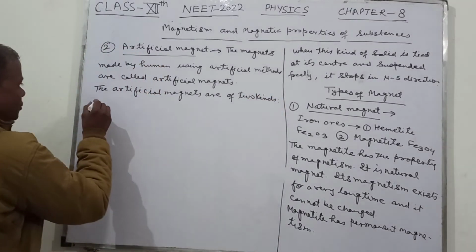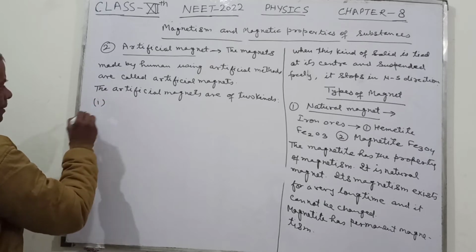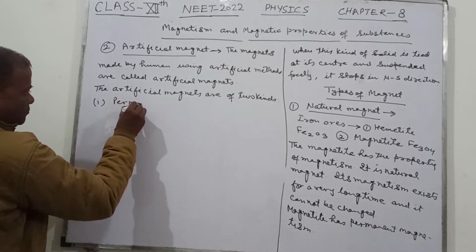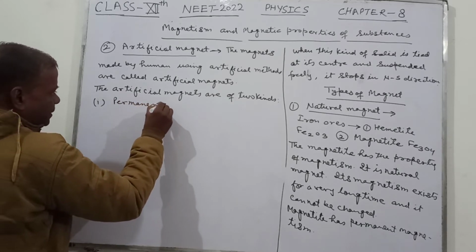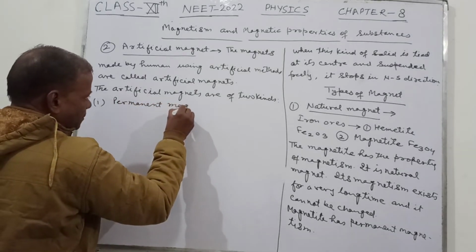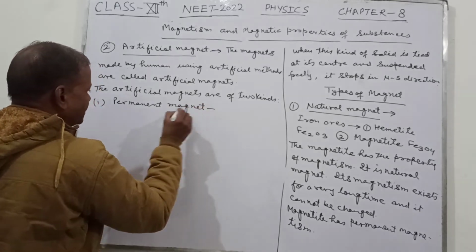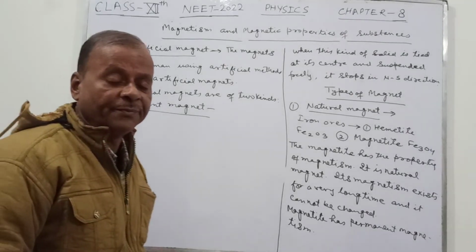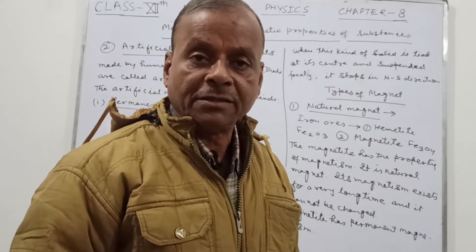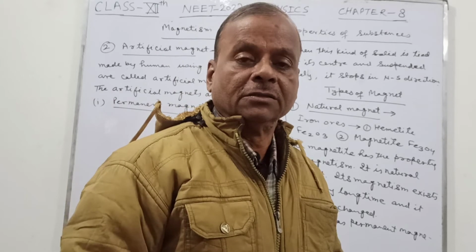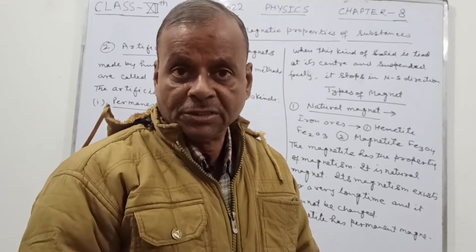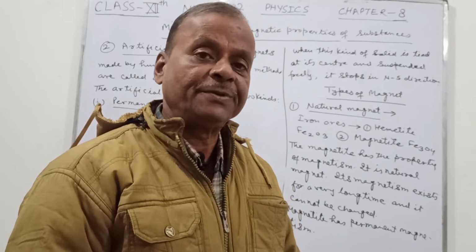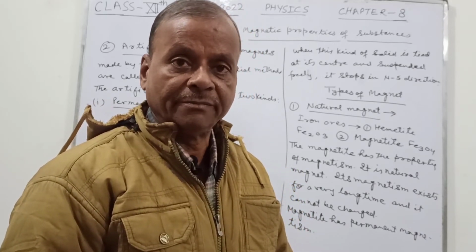One is the permanent magnet. These magnets are made of iron or a mixture, that is an alloy. By that we can make the artificial permanent magnet.